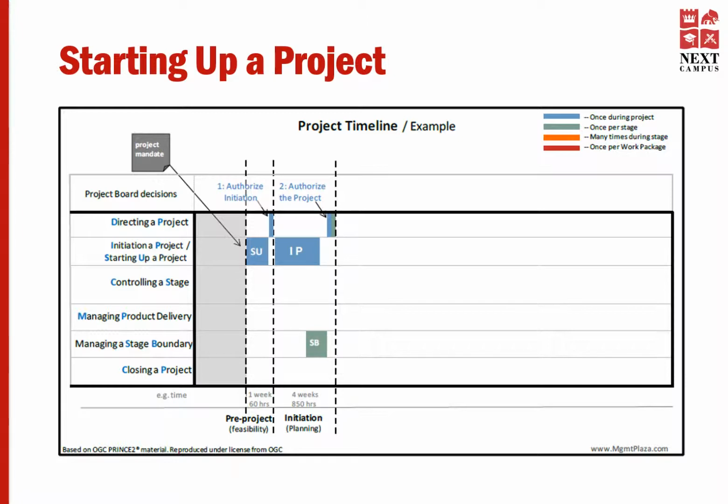Specialists, also known as subject matter experts, can also help with product-based planning, which includes the creation of the product descriptions and estimating, which is part of the planning. Senior user provides the expected benefits information which are measurable and when they are expected to be realized. This information is stored in the benefits review plan.